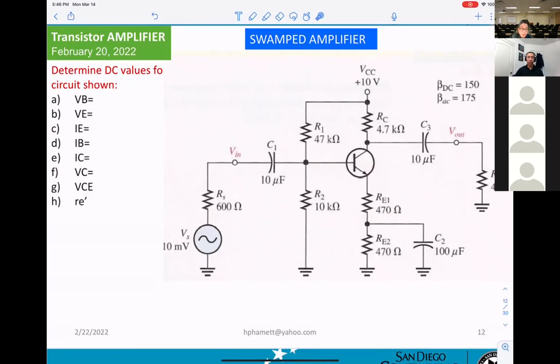Okay, I will be giving you the answer, but at least someone has to tell me what they get, what will be equal. 0.213 volts. VB.